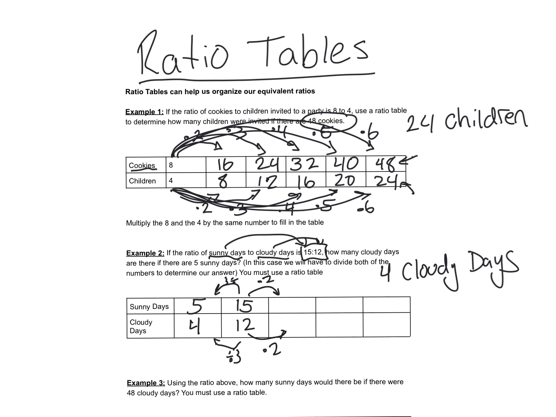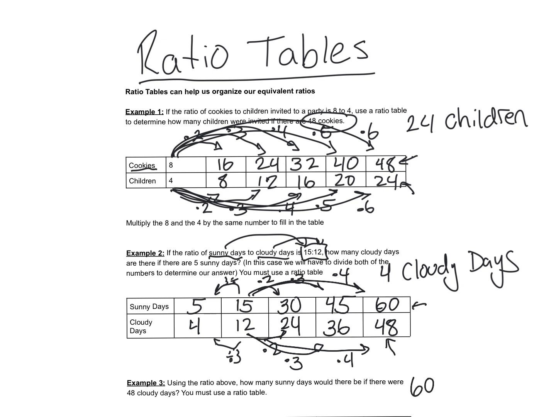So I get 30 to 24, multiply times 3, and I get 45 to 36, multiply times 4, and I get 60 to 48 here. And I know that I'm done because I got 48 cloudy days, 60 sunny days.